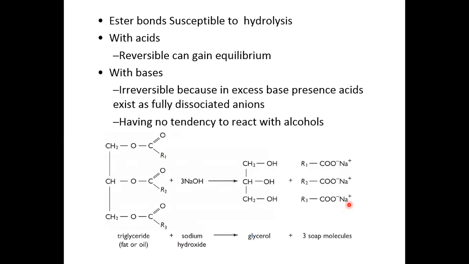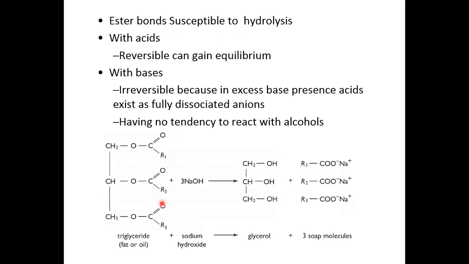When we treat the fatty acid with bases, this reaction is irreversible because in excess of base, the acid exists as fully dissociated anions, having no tendency to react with the alcohol.